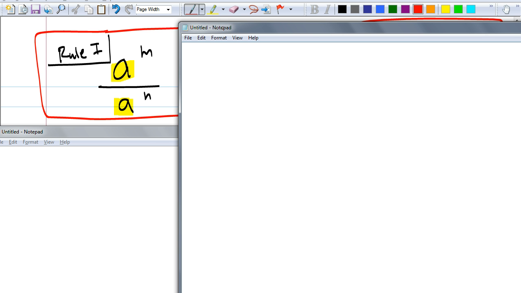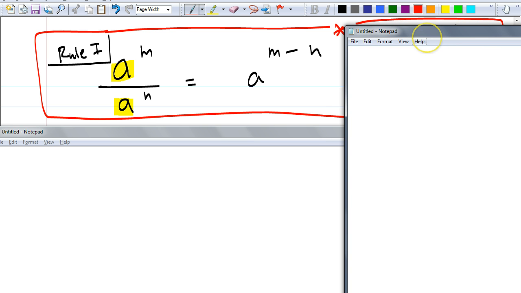We subtract them, because when we're multiplying them, we added them. So when you're dividing, you subtract. Write that down. That's the rule. Okay, now let me give you the example that you're talking about. What happens if the exponent on the denominator is bigger than the exponent in the numerator when they have the same base?